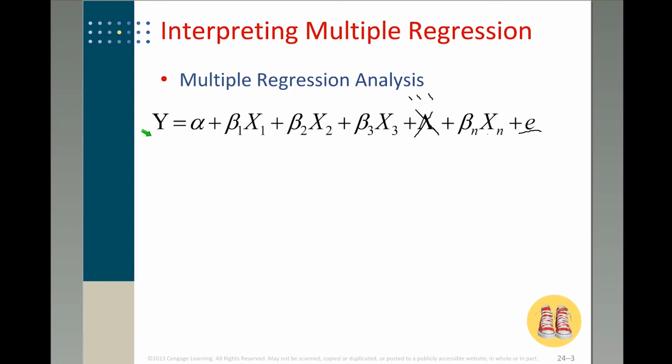So there are more than one factors that could affect the price of the car, and therefore, realistically speaking, we should include all these factors. And that's why we need to explore multiple regression analysis.